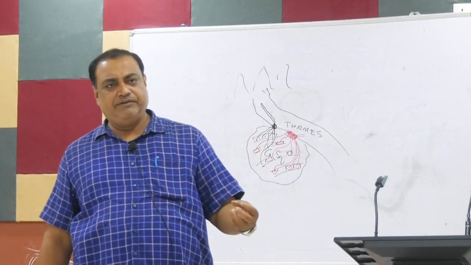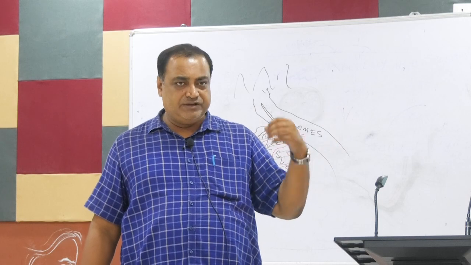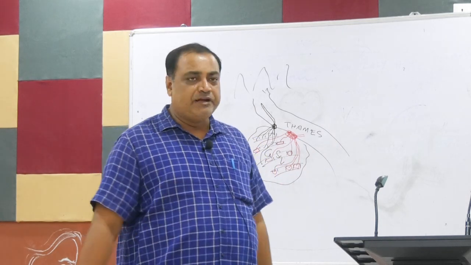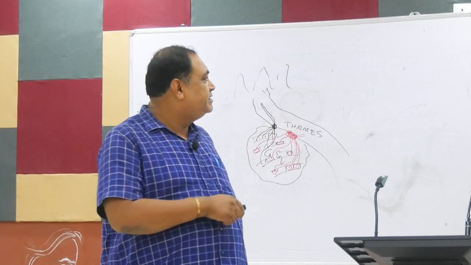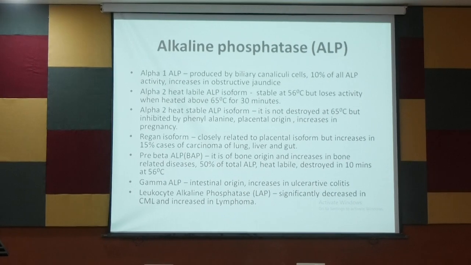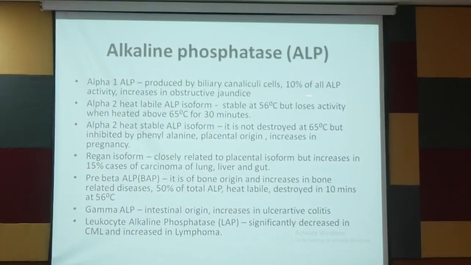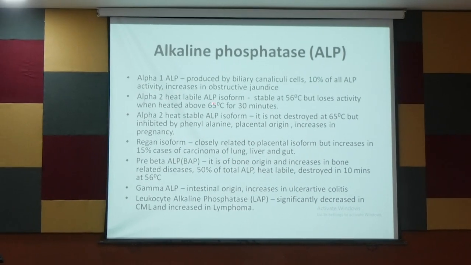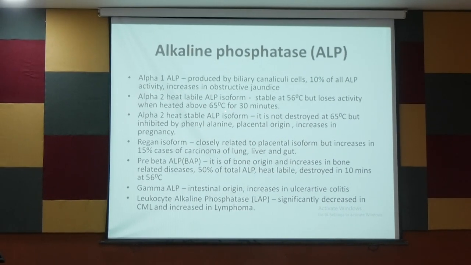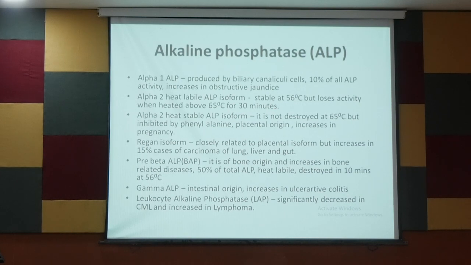If the maximum activity of the ALP is gone, that means it is heat labile. It is due to obstructive jaundice. If nothing much has changed, only 10% is changed, of the total ALP. If it decreases by more than 10% of the total value by boiling above 65, that means it is due to this one.